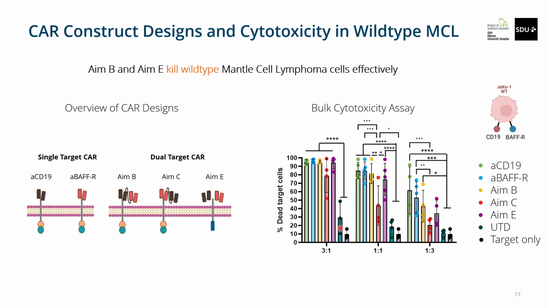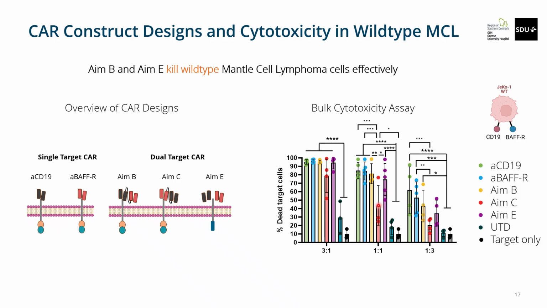And then this can be compared here to the untransduced cells, which is in this range here, and here, just for reference, is the death of the target cell only. When the ratio of target and effector cells is changed, so there are now more and more target cells, the killing also drops. But the pattern is the same.